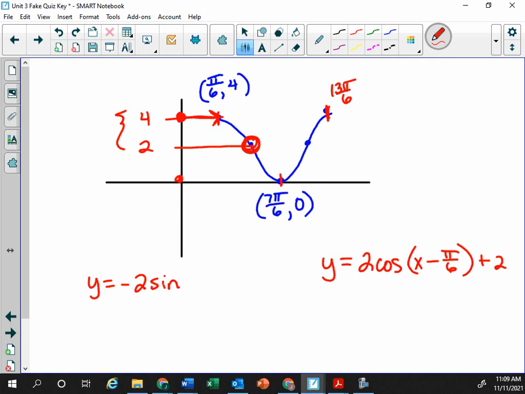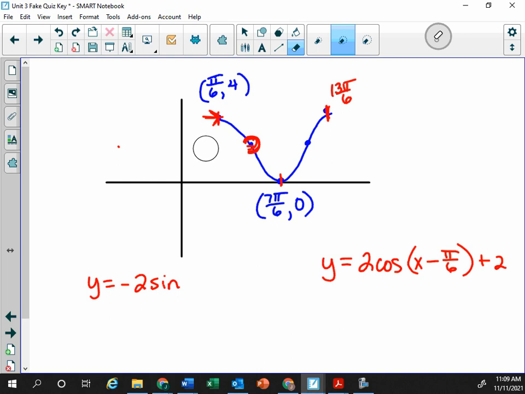Okay, figuring out how far you have shifted. Let me erase some of this stuff. I did not label those points in the middle there for you. What do you know about them? Oliver? Exactly. They're going to be exactly halfway between your maximum and your minimum.